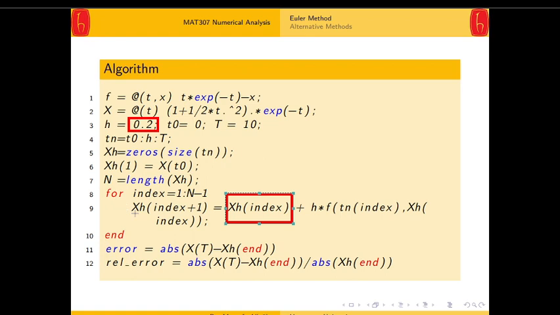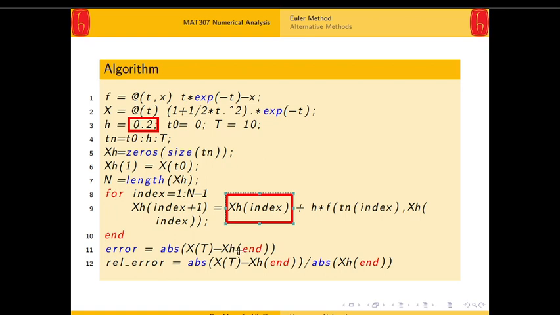And when we loop over all the index values from 1 to n minus 1, that will give us xhn at the end. Okay, so the error will be equal to the absolute value of the true solution at 10, x of 10, minus xh, the computed solution, which is a vector, and the last component of the computed solution.